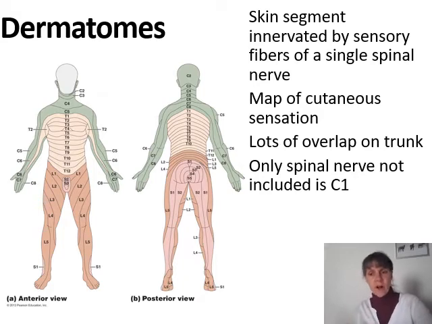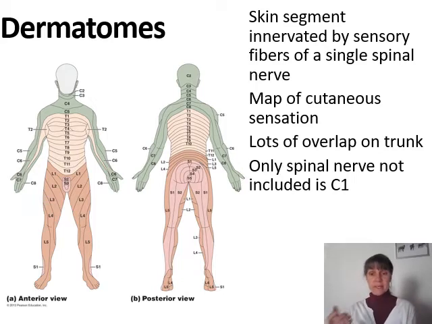But dermatomes are often involved in a neurological evaluation where muscles, reflexes, and sensation are tested in that order. So we might test muscle strength from one side of the body to the other, then reflexes from one side of the body to the other, and then sensation from one side of the body to the other.